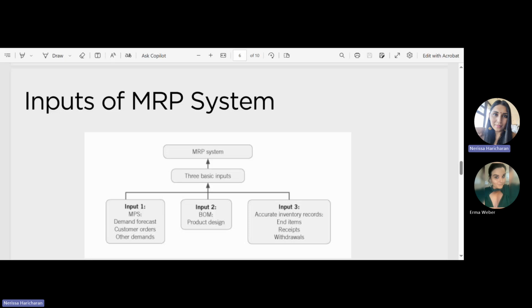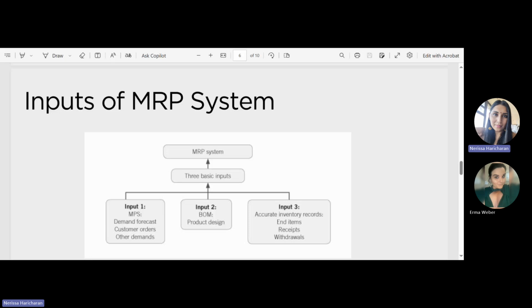Okay. Your input two is your bill of material structure, and this is your product structure tree. As I explained, it is a list containing all the different items that are needed to build one item of a finished product. So all of the items required in that finished product need to be contained in this BOM. The result is that each product produced by a business needs to have its own bill of material.